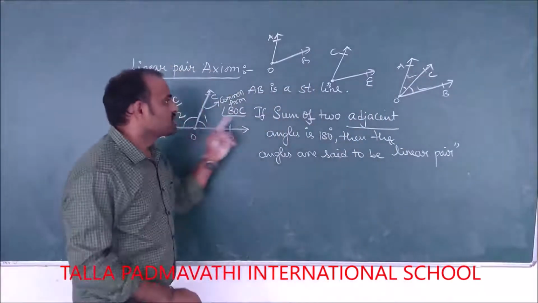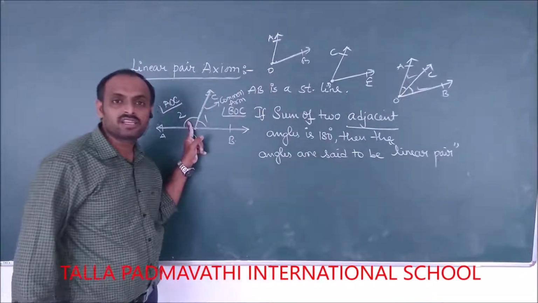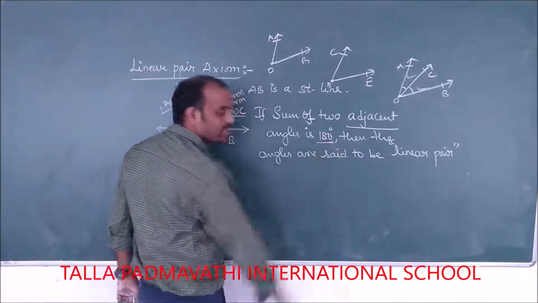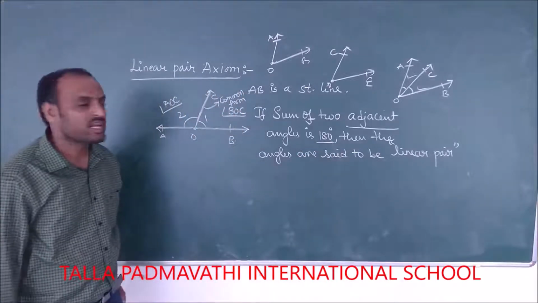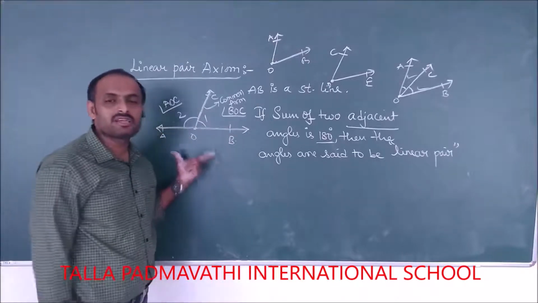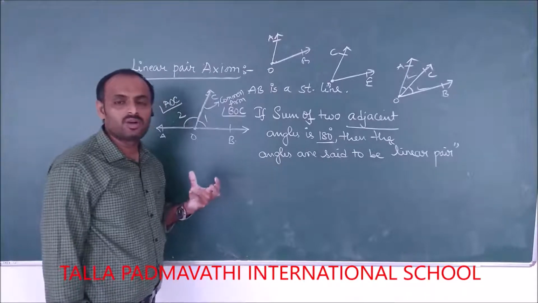Here it is also adjacent angles, even here it is adjacent angles. And one more condition is there: their sum should be 180 degrees. See, what is AB here? AB is a straight line. Straight line makes how much angle? Straight angle. What do you mean by straight angle?